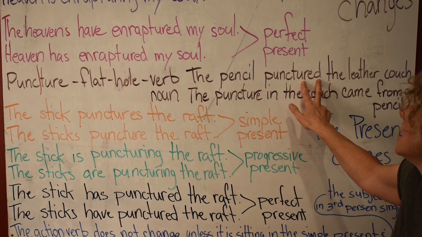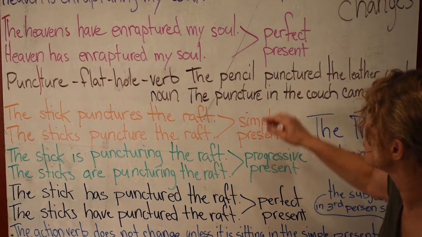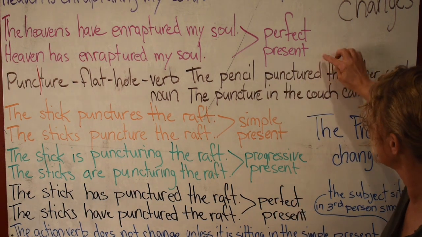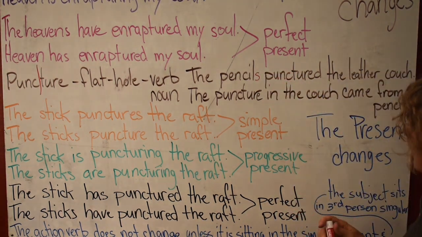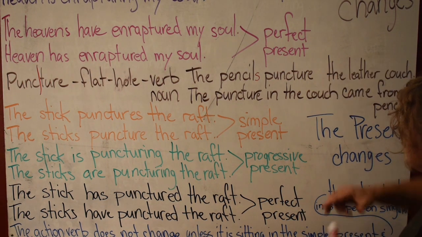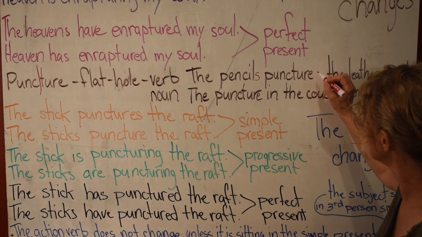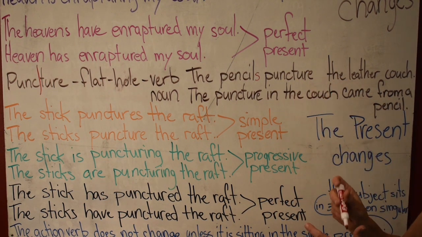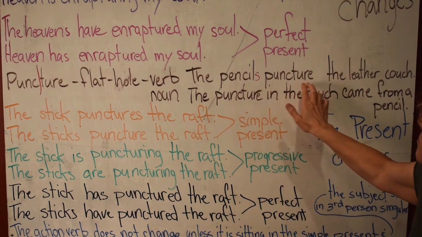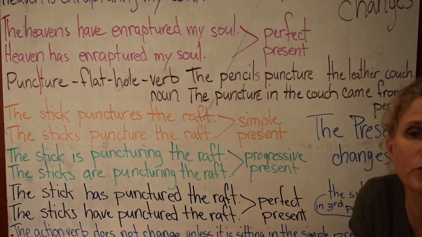Do you see that? But what if I decided to do pencils and I wanted it to be in the present? We'd take the ED. And would we add the S on there or would we keep it off? You don't, because see, look, plural, plural. That's why this is so confusing.